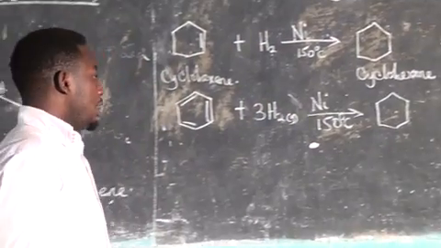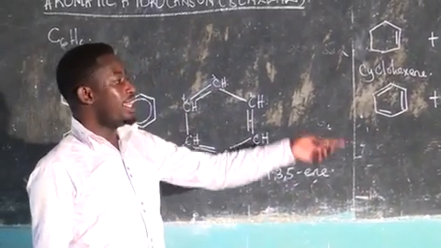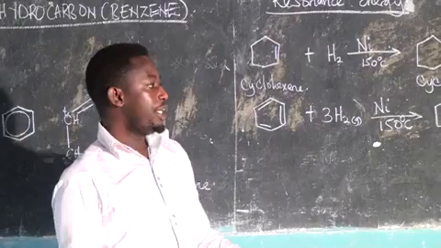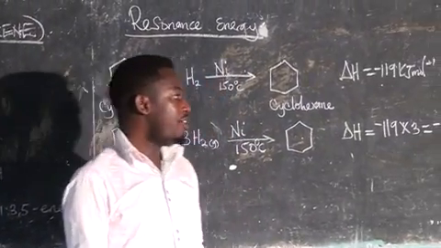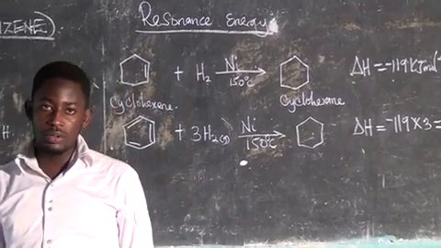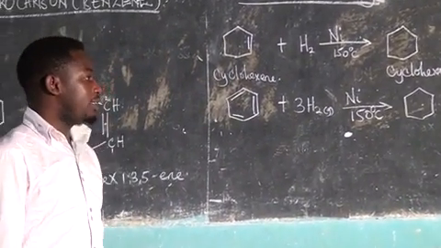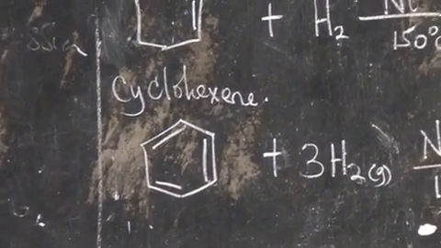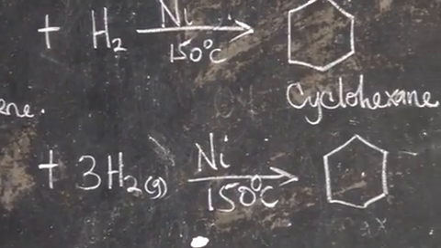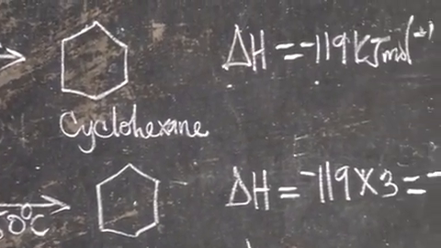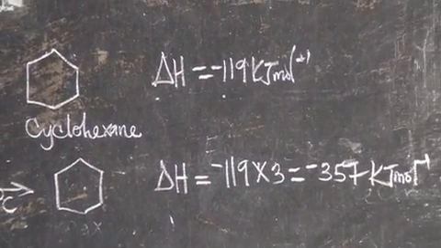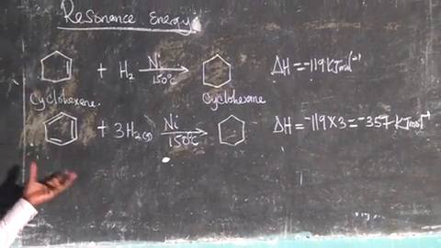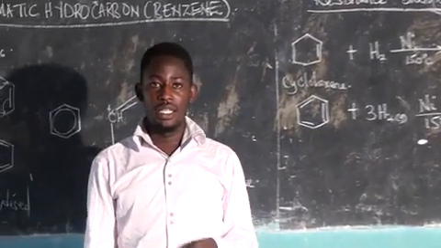Is that okay? And therefore, it means that the enthalpy of hydrogenation of the Kekule structure of benzene is minus 357 kilojoules per mole. So even if we were to consider benzene in this structure, the enthalpy of hydrogenation of benzene is supposed to be this. However, the experimental values show that the hydrogenation of benzene is lower than this.